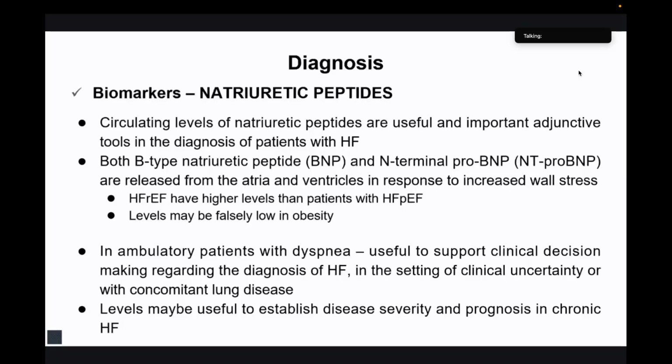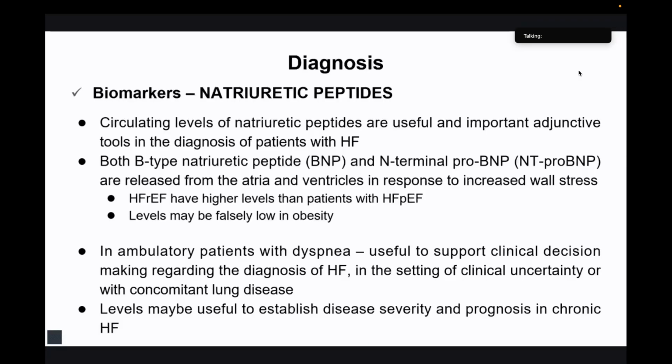Both the B-type natriuretic peptide and N-terminal proBNP are released from the atria and ventricles in response to increased wall stress. HFrEF patients have higher levels of the natriuretic peptides than patients with HFpEF, and the levels of natriuretic peptides can actually be falsely low in patients who are obese.